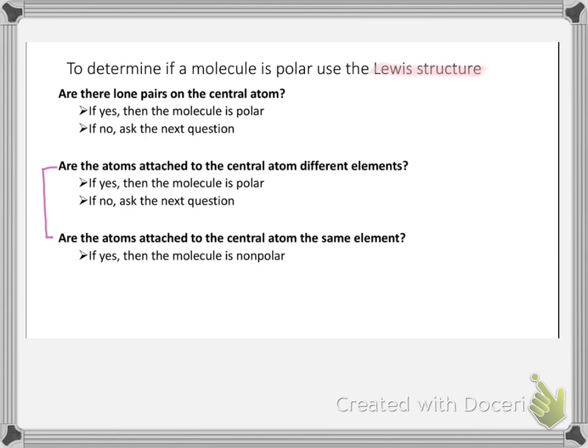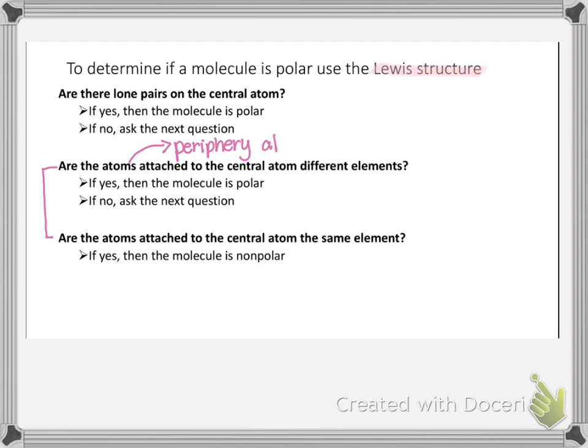Then the next thing, if there are no lone pairs, is to look at other things. Now what you're going to look at are the atoms on the periphery. So it says, are the atoms attached... these are the periphery atoms. Remember, we introduced periphery as a part of Lewis structures.